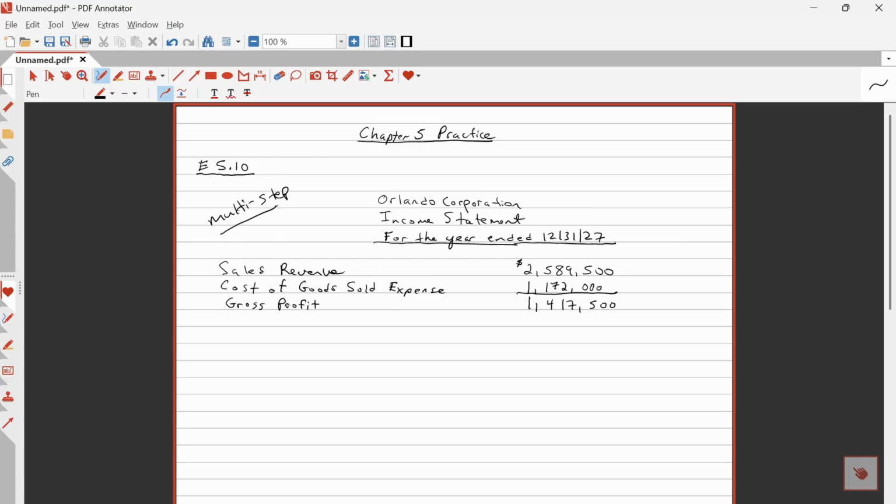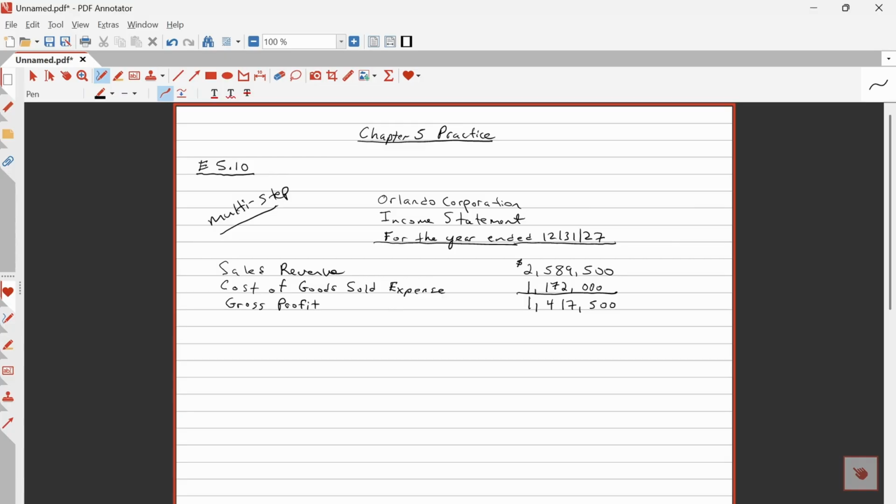So according to the matching principle within GAAP, anytime we can identify for a given expense the revenue that expense directly caused, then we should list that revenue and that expense together on the income statement. And the only example of that is on the income statement: cost of goods sold expense directly causes sales revenue. So do that.